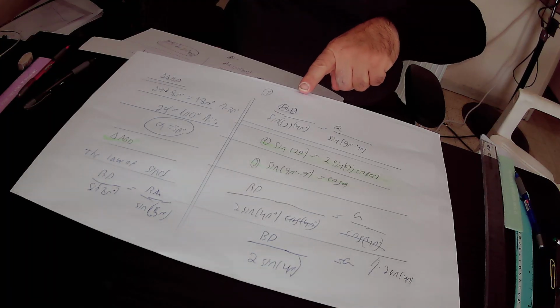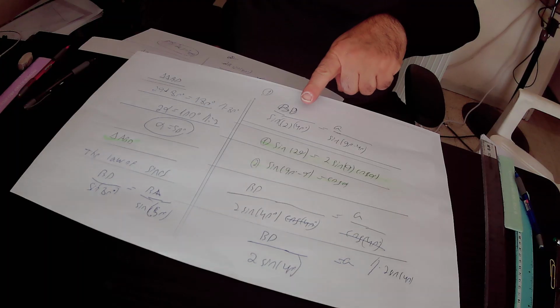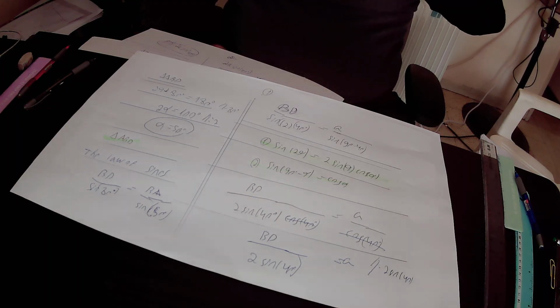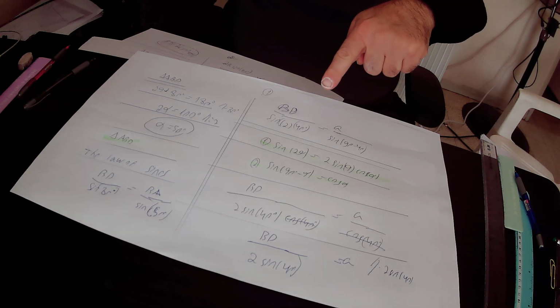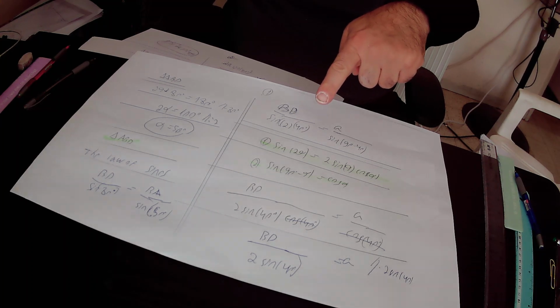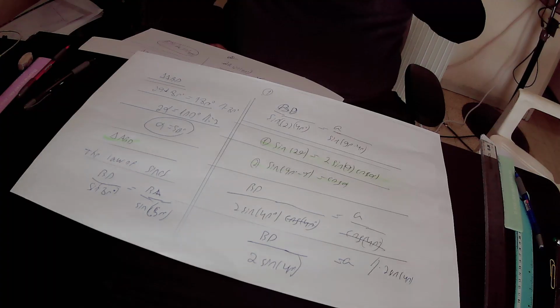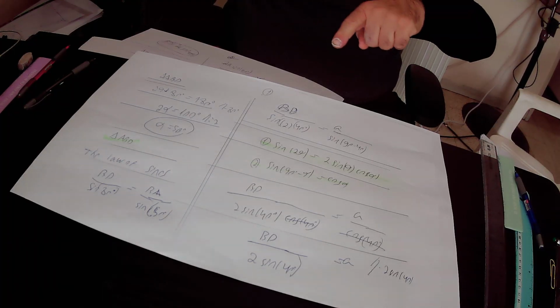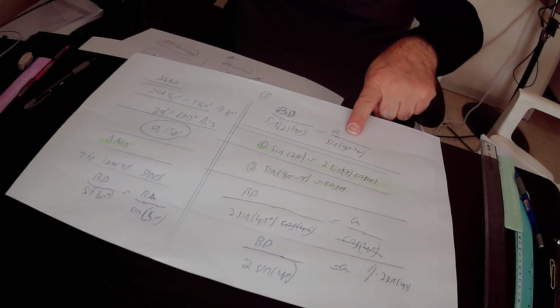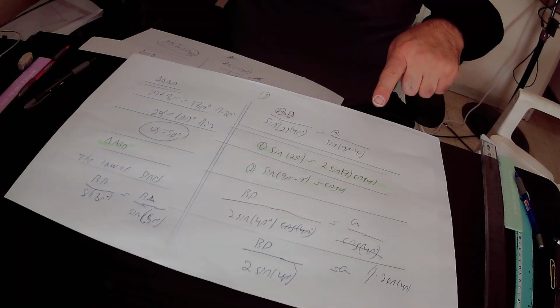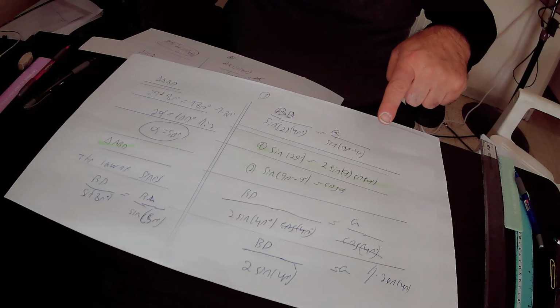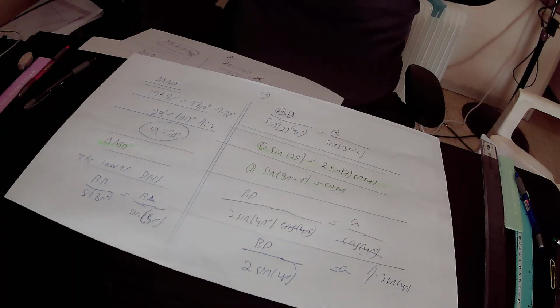So sine 2 times 40 degrees equals 2 times sine 40 degrees times cosine 40 degrees, and sine of 90 degrees minus 40 degrees equals cosine 40 degrees.